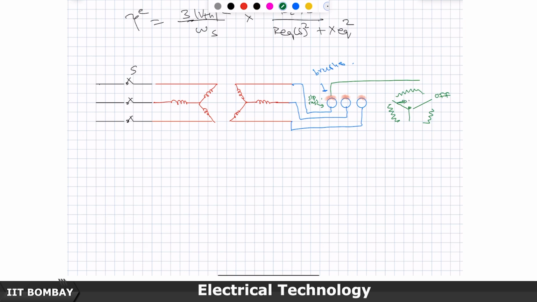So, this contact comes and touches here, this contact comes and touches here, this contact comes and touches here. So, what I do is to close the circuit, I connect this to this, okay, and I connect this to this, and I connect the second one.